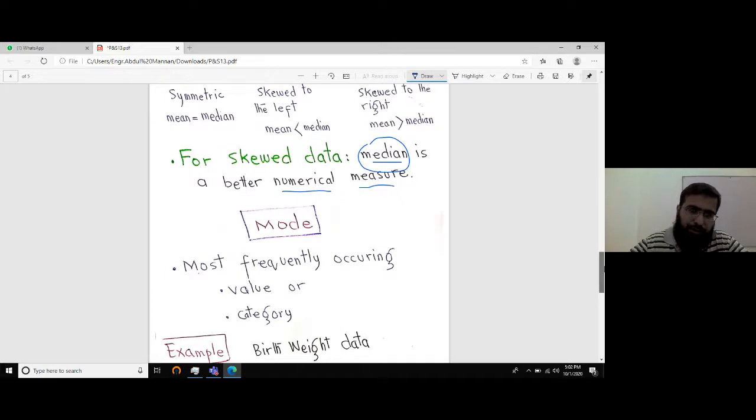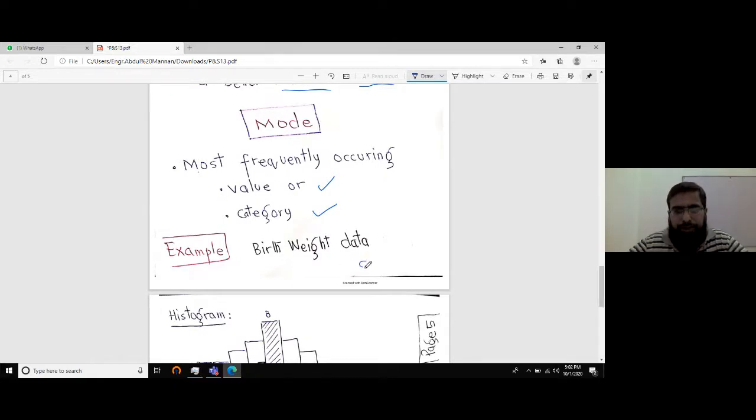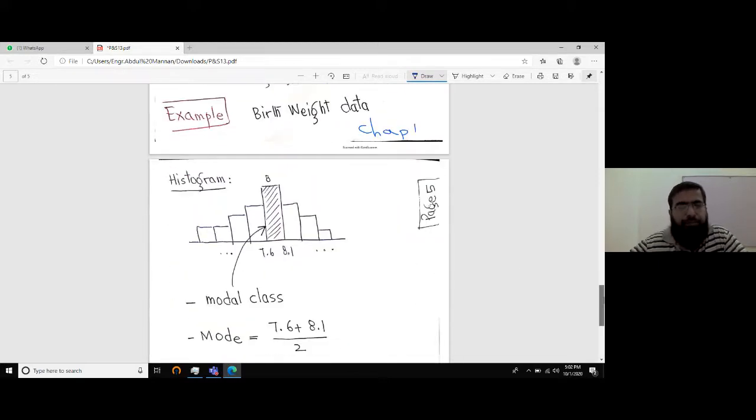And the last thing in today's lecture is the mode. Mode is the most frequently occurring value or category in our data. Suppose we have this birth weight data that we introduced in chapter number 1, where we have the weights of 30 newly born babies in a hospital or in a community, right?